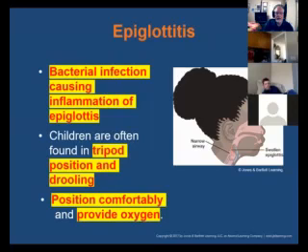And I pointed out the epiglottis as being that little finger-like muscle that covers our glottis, the opening between our vocal cords.